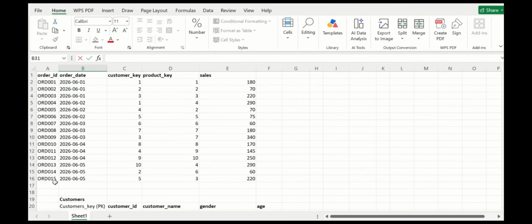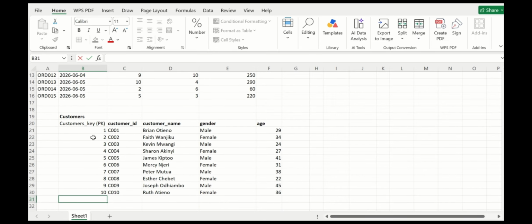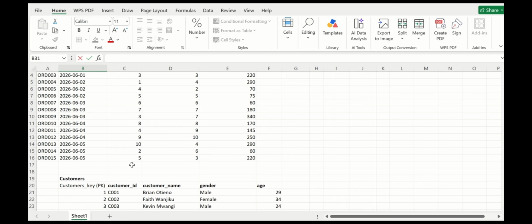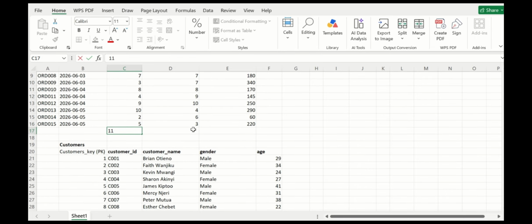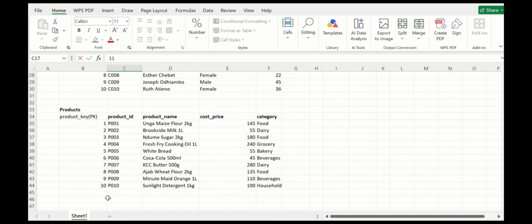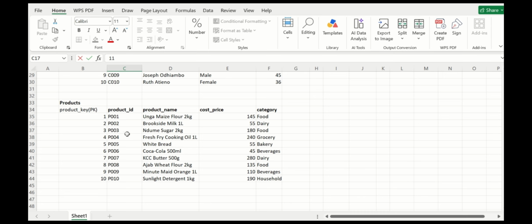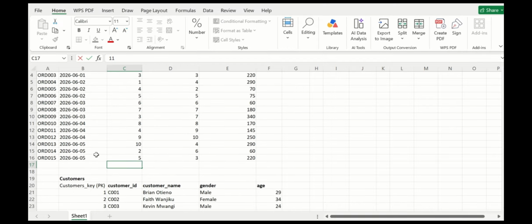Once they start ordering items, their details will be order ID, order date, and here we'll only enter the customer key, and the products they've ordered. We'll simply write the product key of the products they've ordered.